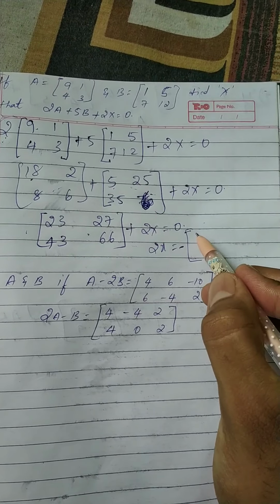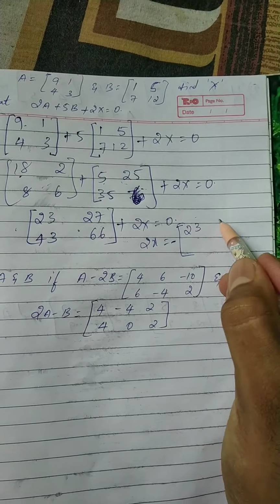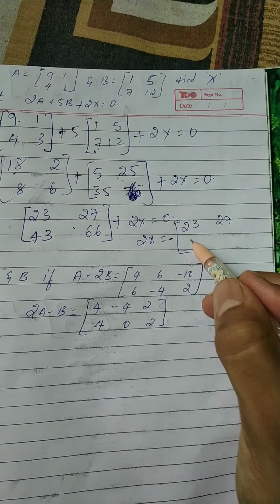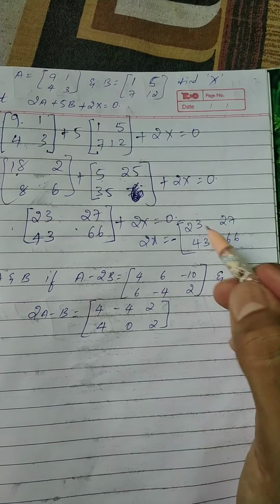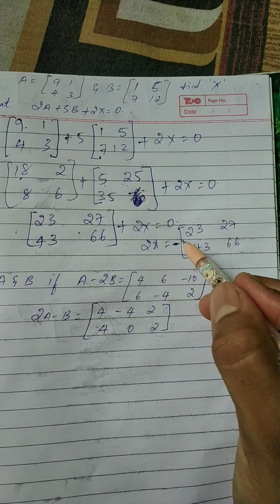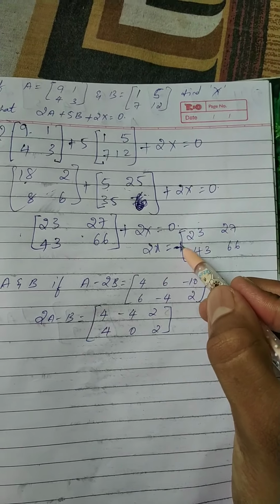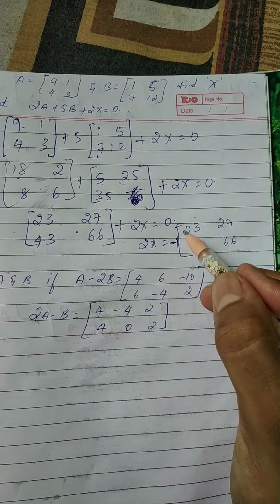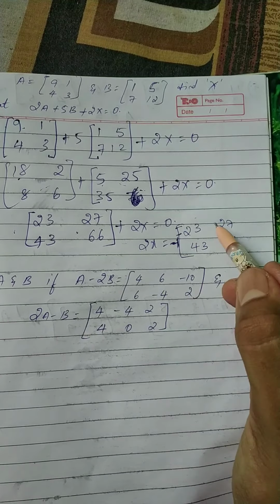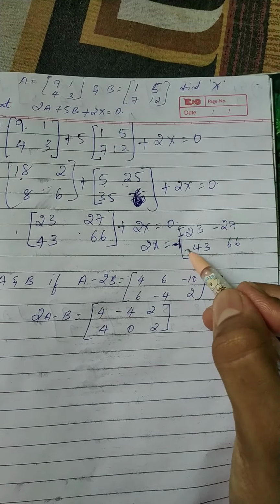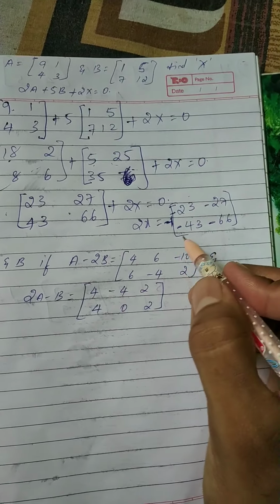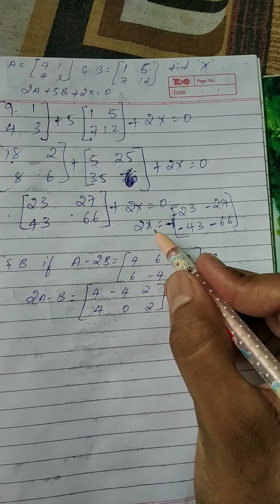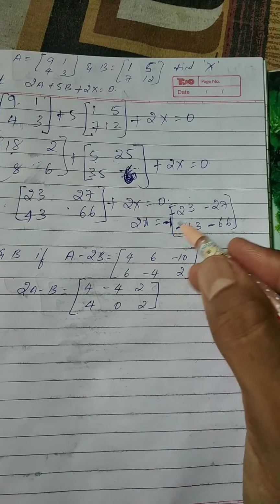So what happens to this? [23, 27, 43, 66]. Obviously, if it is minus here, we know that there is also a 1 here, so if you multiply this minus with the entire matrix, it becomes minus 23, minus 27, minus 43 and minus 66. So finally we have X left.